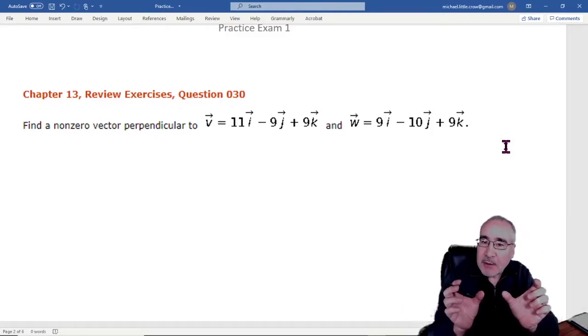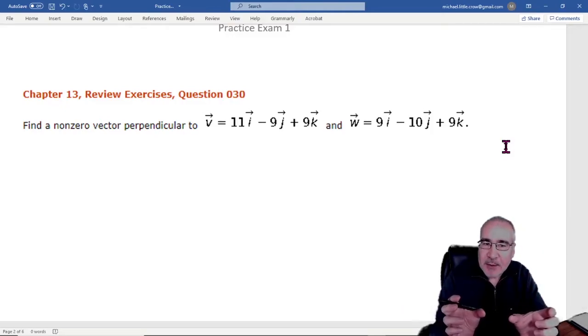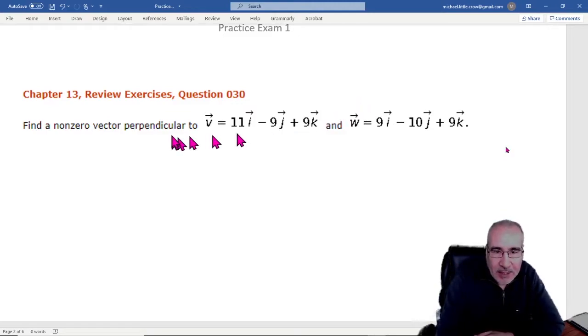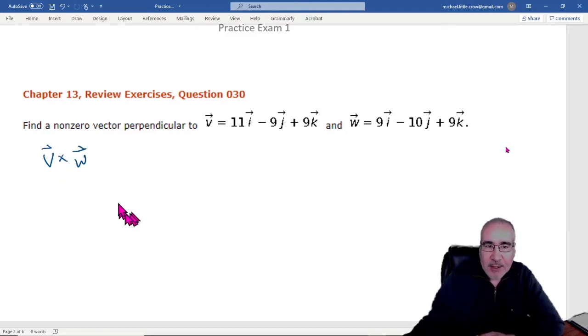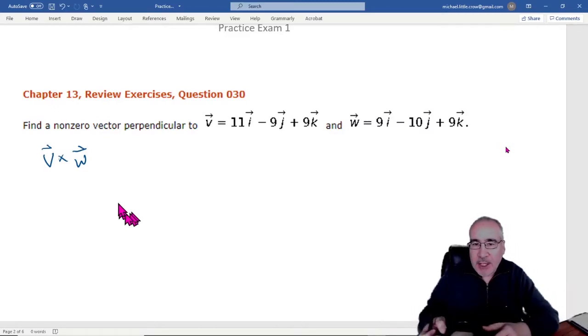But when we take a cross product, the vector that we end up with is perpendicular. Okay, so we can just go with v cross w. That's going to be one of the vectors. Now in this question, you would choose which one is correct, because there's actually more than one.